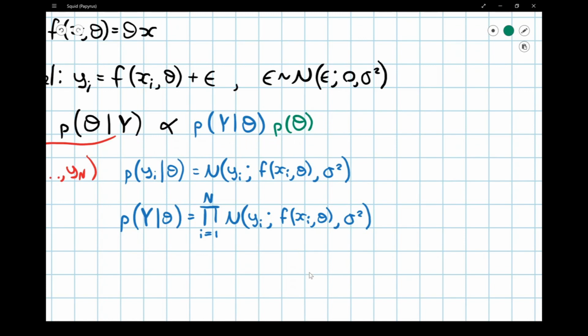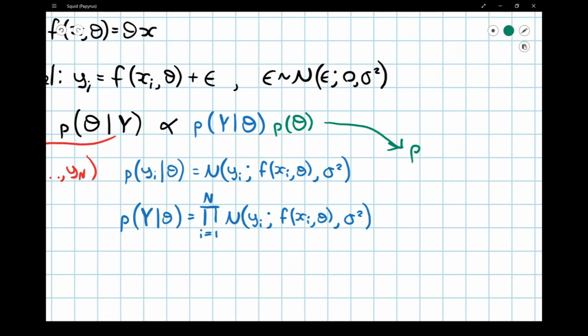This is usually interpreted as a probability distribution that represents your kind of knowledge about theta before you did the experiment. That's the way it's usually interpreted, but mathematically, what you can say is that it's not allowed to be a function of y.